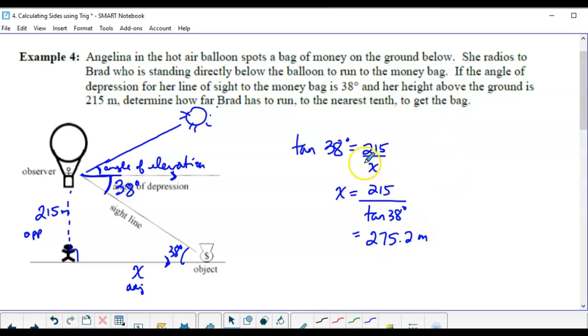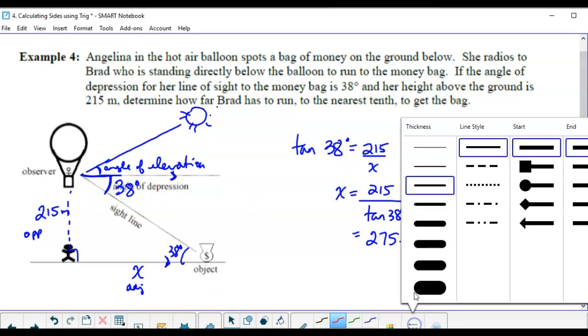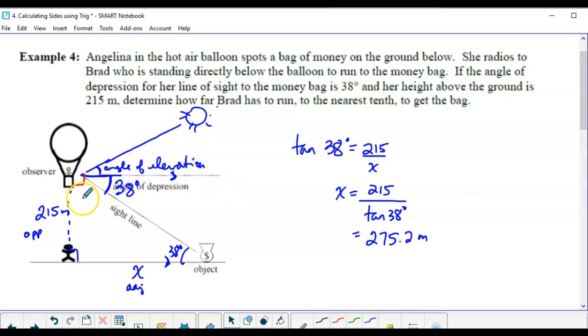Now what you could do, if this is 38, I'm going to switch to red. You know that that's a 90-degree triangle here. So 90 minus 38, it gives you what, 52? Okay, so then you could go, okay, well, then I'm doing tan of 52 equals x over 215.